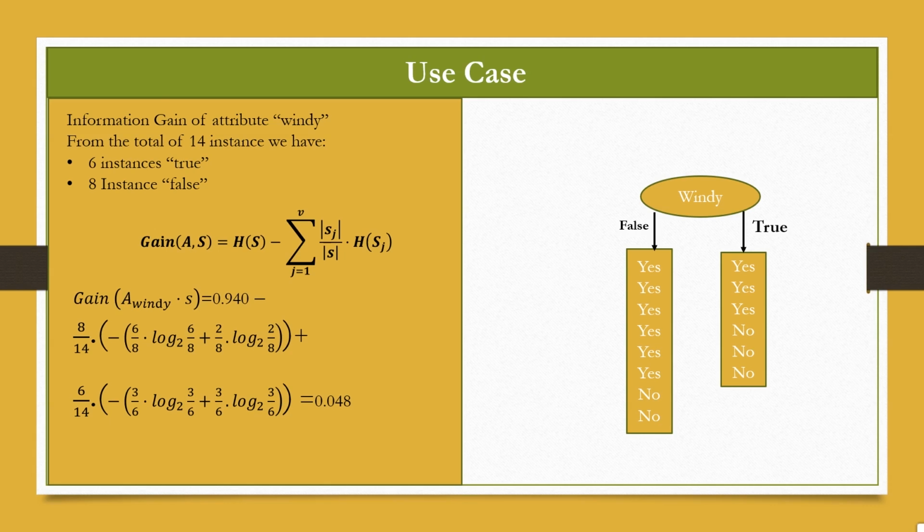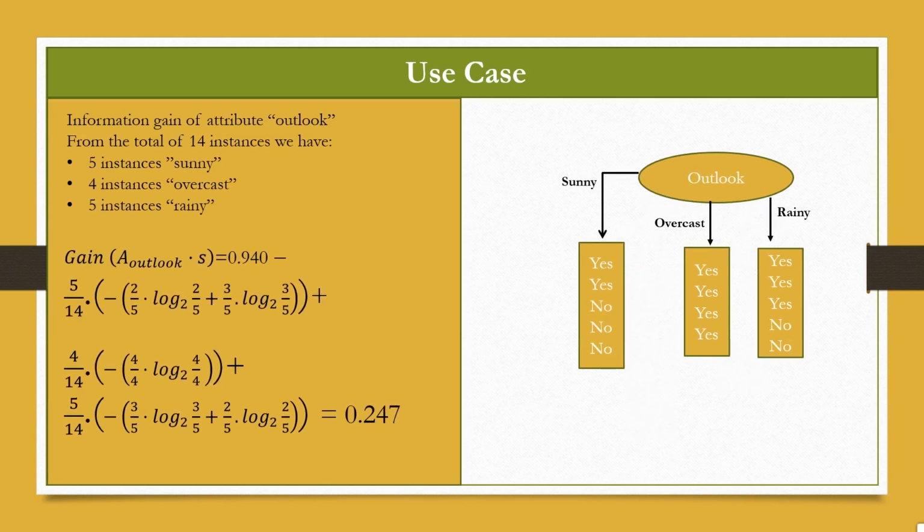So when you substitute all the values in the formula, you will get a value of 0.048. Now this is a very low value of information gain. So the information that you are going to get from the windy attribute is pretty low.